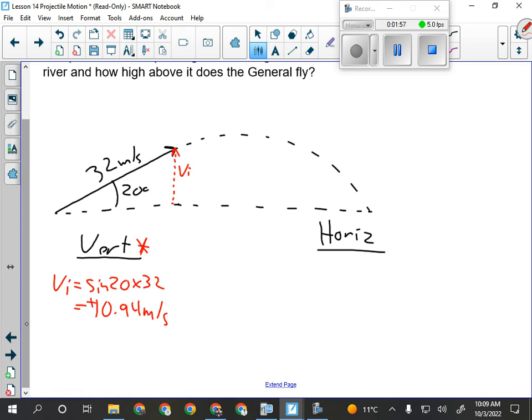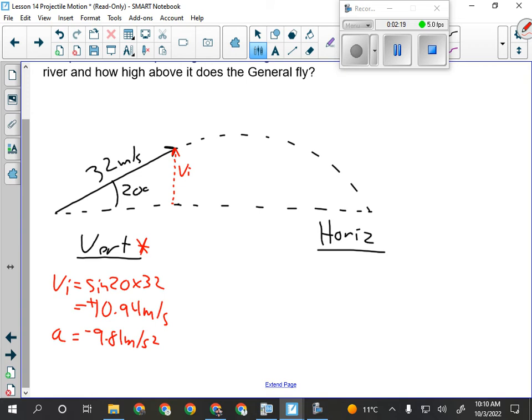One of the other things I know vertically is the acceleration, and it's negative 9.81 meters per second squared. In a question like this, where the object is projected at an angle, I have to make gravity negative because I'm going to have a change in direction. Initially, the general E is moving up, but at the end it's moving down. Everyone follow me there?